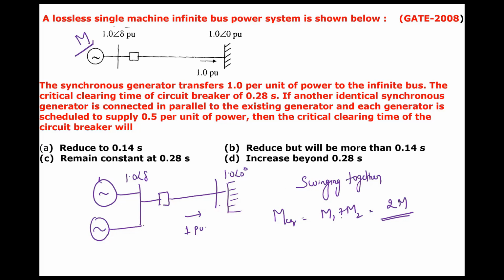If you remember your critical clearing time formula, TC is equal to the square root of (delta C minus delta naught) into 2M by PS.